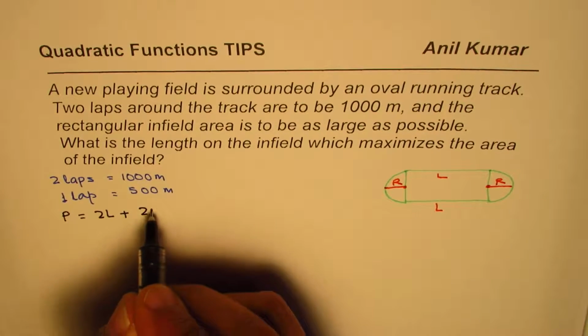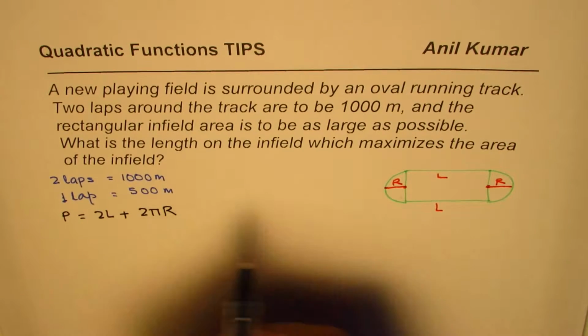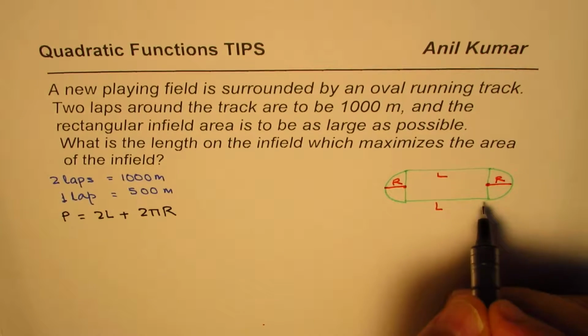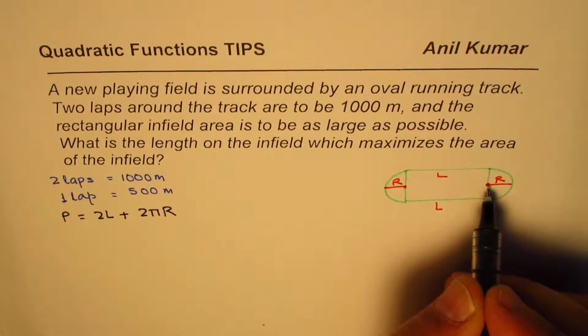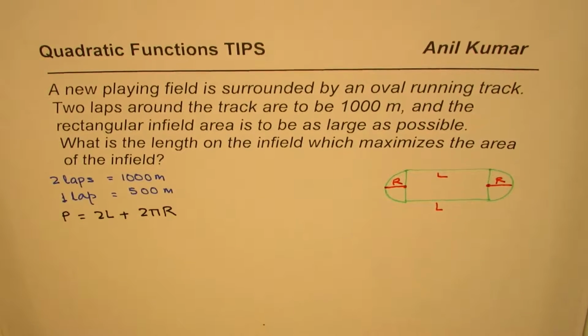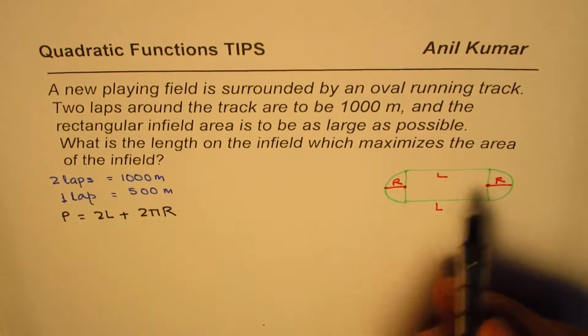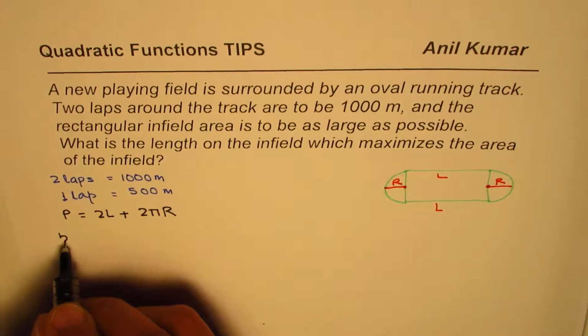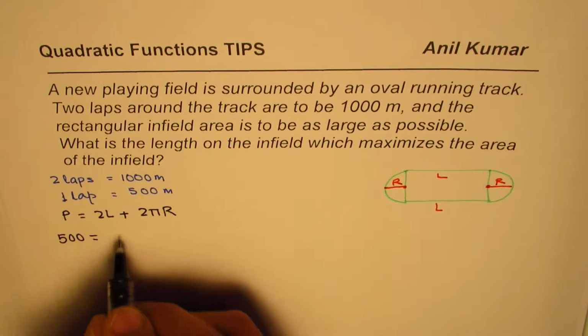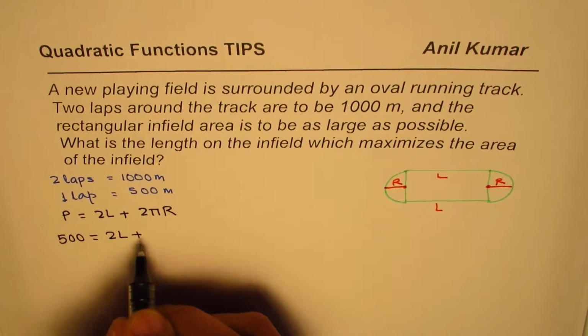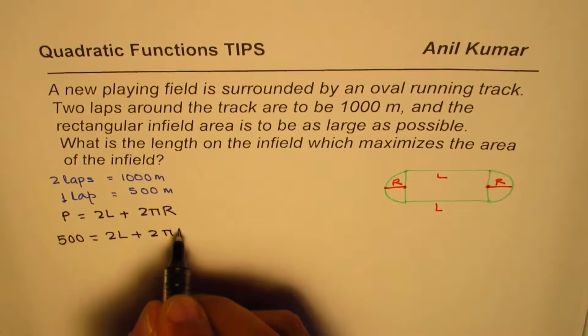So that is 2 pi r, the circumference of this circle with radius capital R in our case, right? Now 500 is 1 lap. So we can write this as 500 equals 2L plus 2 pi r, correct?